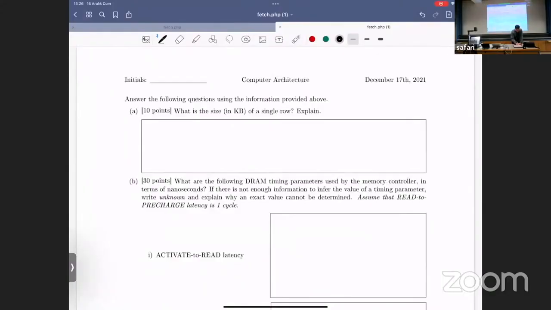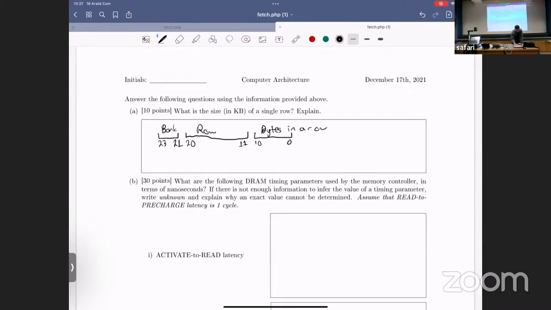Because the most significant 3 bits form the bank bits, that is bits 23 to 21, the next 10 bits form the row address bits, that's 20 to 11. Then there are 11 bits left in the address. So this was the bank, this is the row, and these are the bytes in a row.